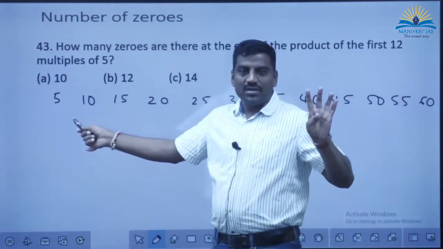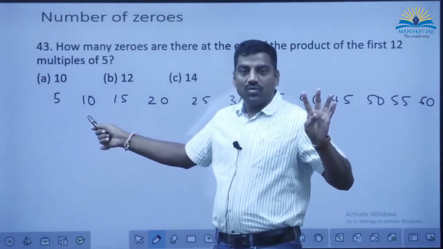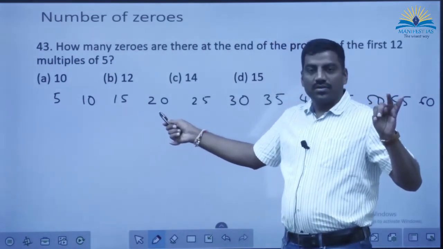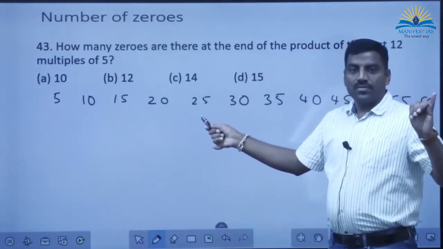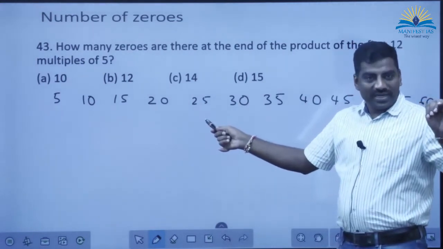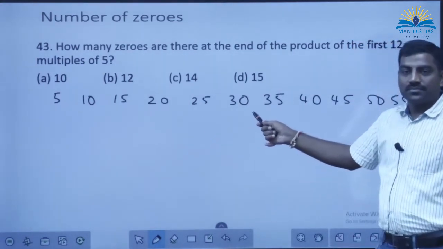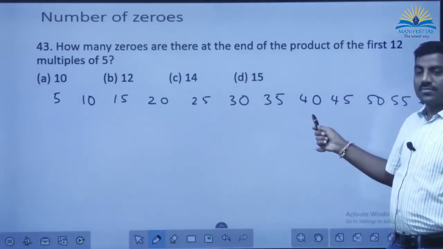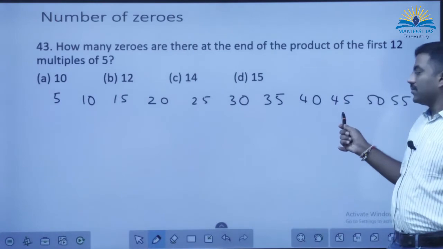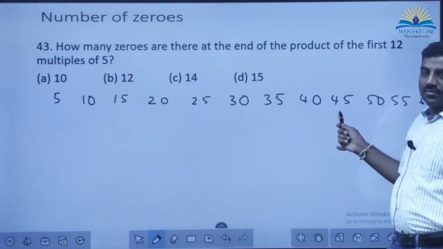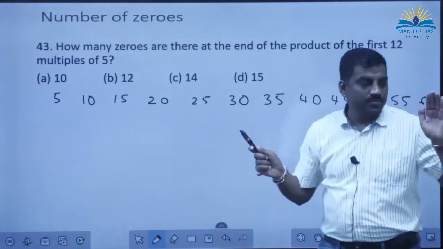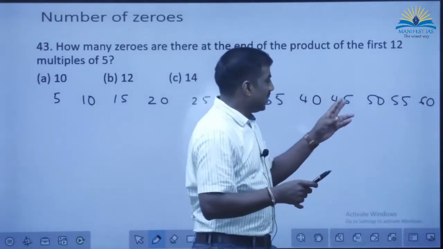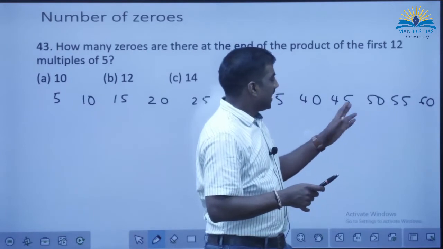Here 1. 25 gives 2. Total 10 up to here.